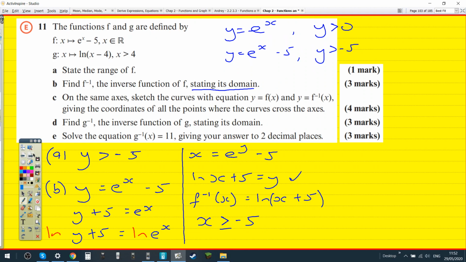Let's see. Sketch those, that's okay. What would be question D, do you know? I just need to find the inverse here again.